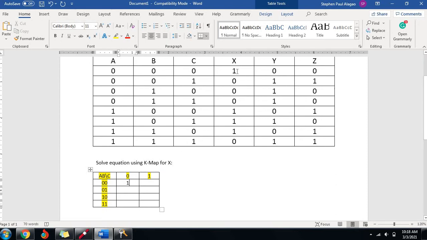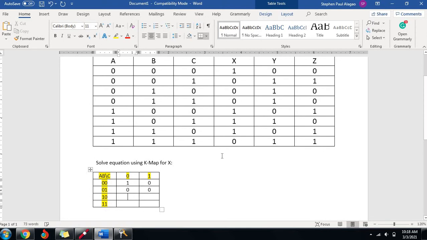Now, for the zeros we're not going to consider the 0 output; what we are going to consider is only the ones. But we're going to place the values as well for zeros. So 0, 0, 1, you have 0. Then 0, 1, 0, you have 0. Then 0, 1, 1, you have 0.